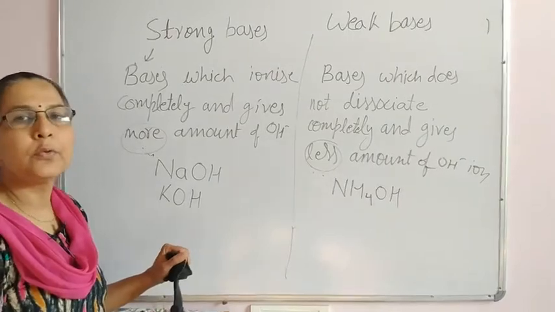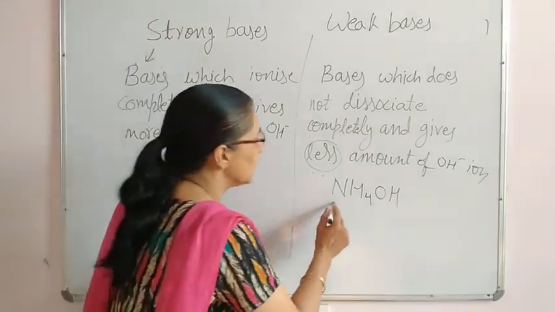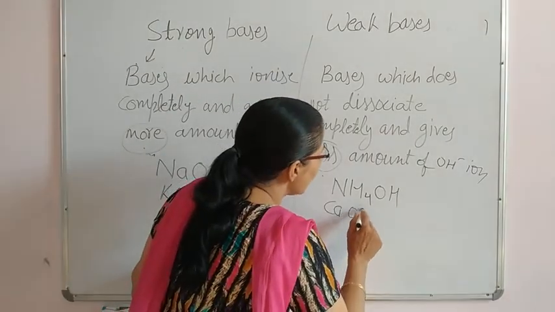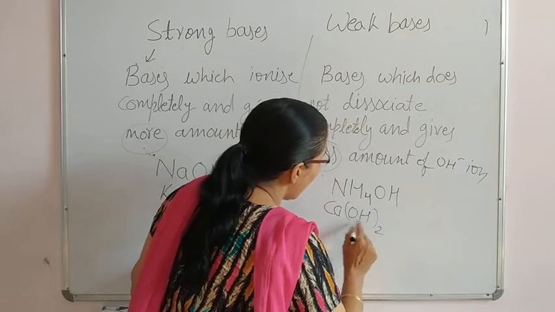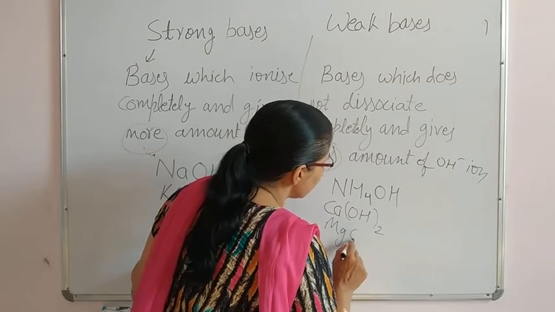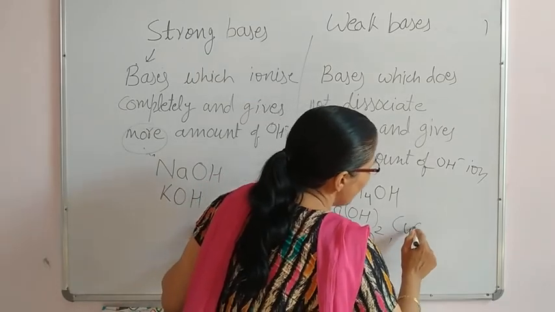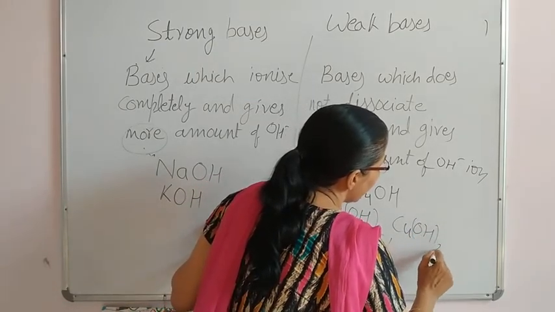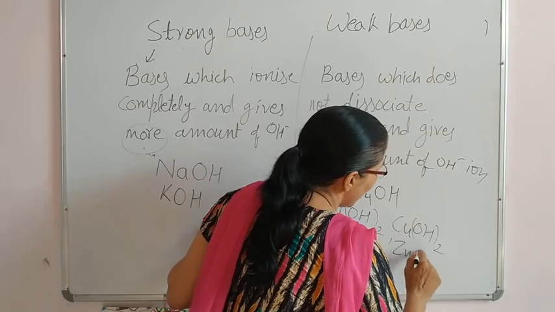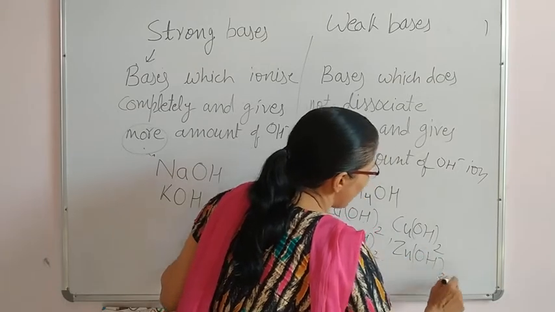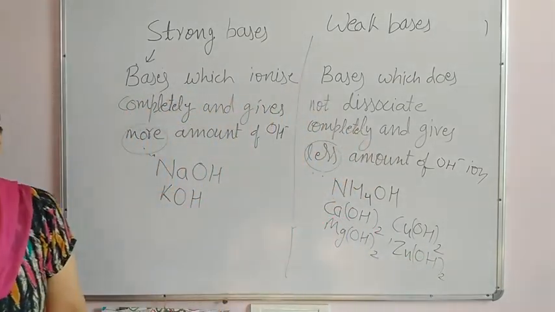along with NH4OH, other metallic hydroxides like Ca(OH)2, Mg(OH)2, Cu(OH)2, Zn(OH)2. These all are weak bases.